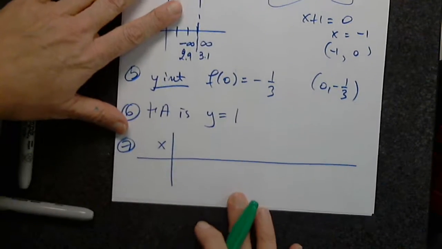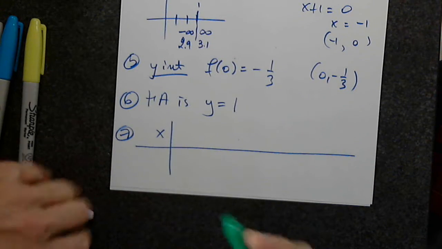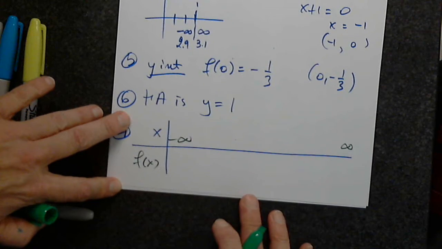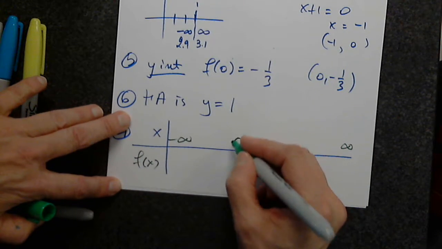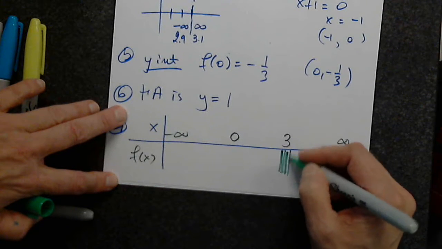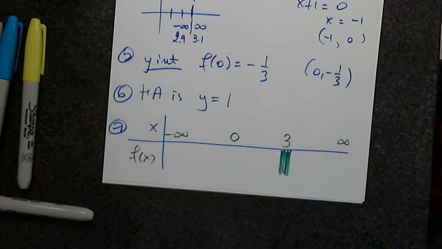Okay, so now let's summarize all our information in this table that we used for polynomials. The same thing. Domain, negative infinity to infinity. 0 has to be in the table. 3 has to be in the table, and it's going to be undefined. We know that the function does not exist at x equals 3.